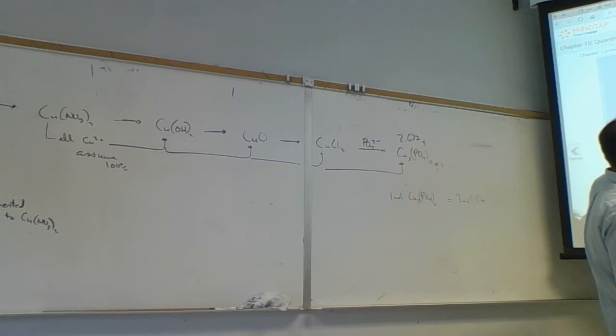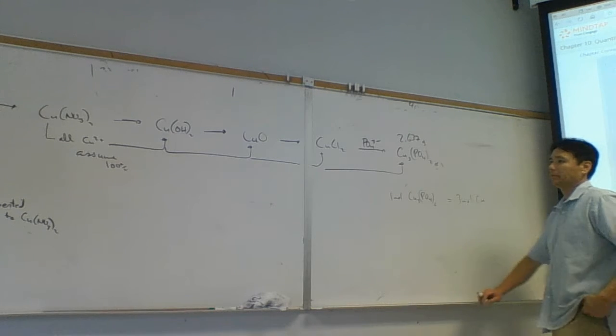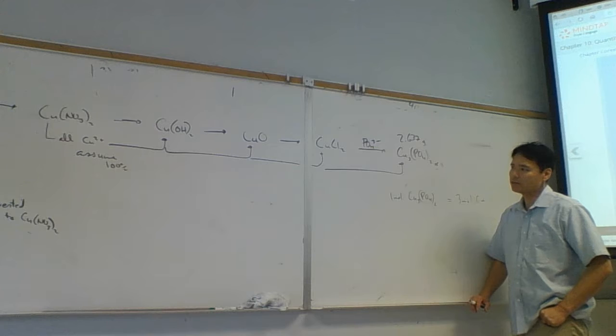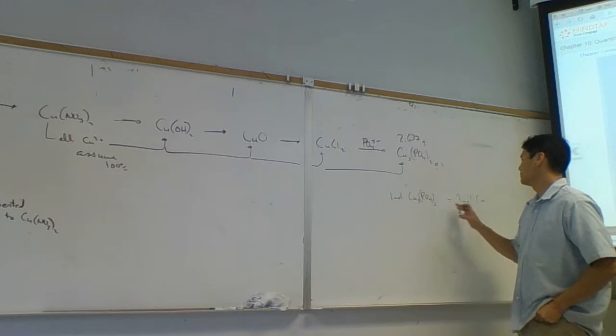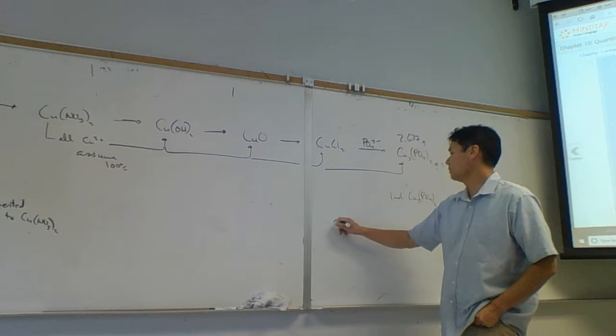They want us to find the percentage by mass of copper in the original sample. And so we could break this up into 2 parts. Normally in Chem 1A I'd do this in 1 step, but let's break it up into 2. And so this is stoichiometry.